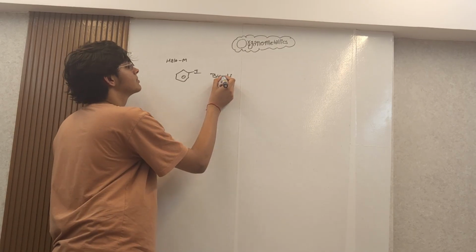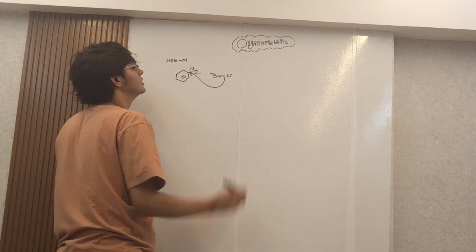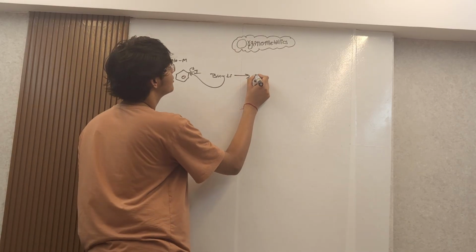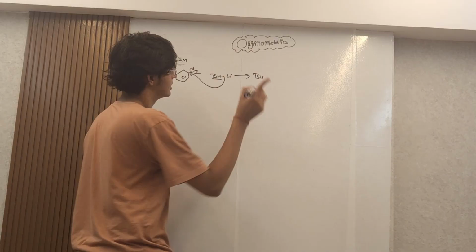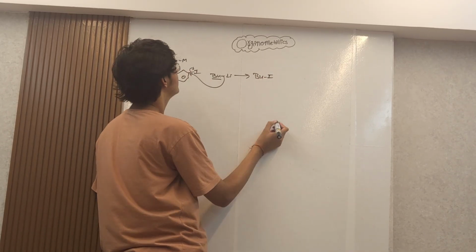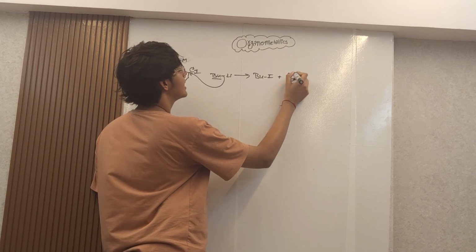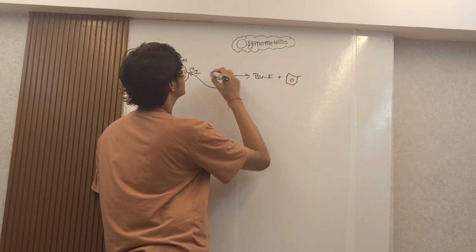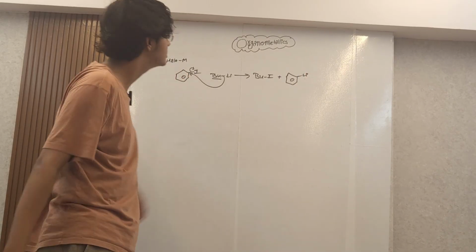This lithium would attack this carbon, iodine would leave, and we would have Bu. Bu is for butyl. Bu would form a bond with the iodine, and we would have a benzene that has lithium attached to it. This is a halogen metal exchange.